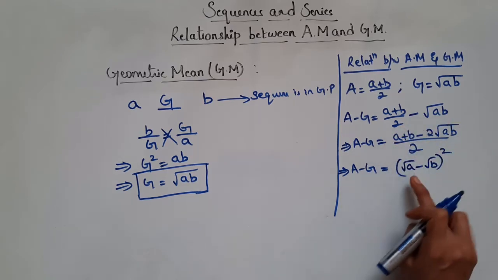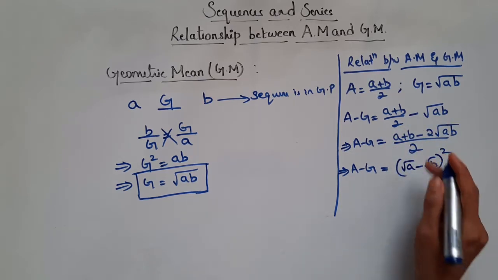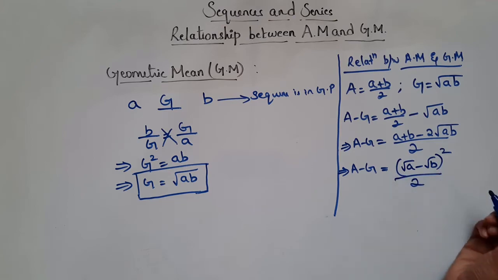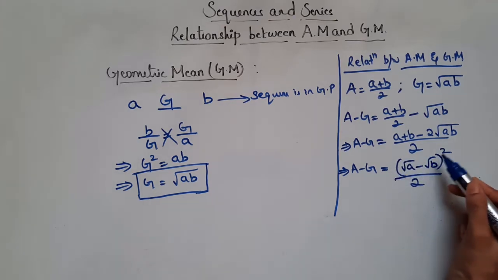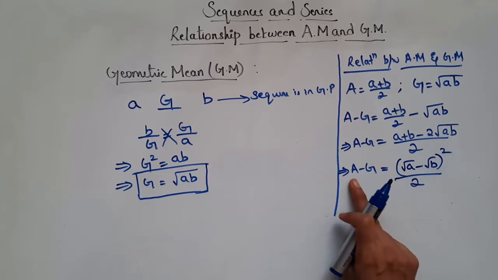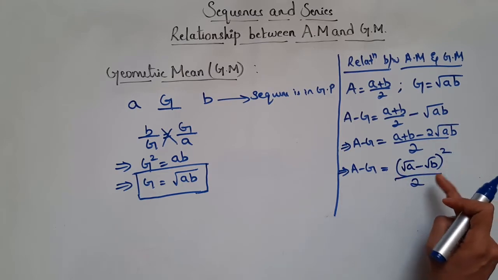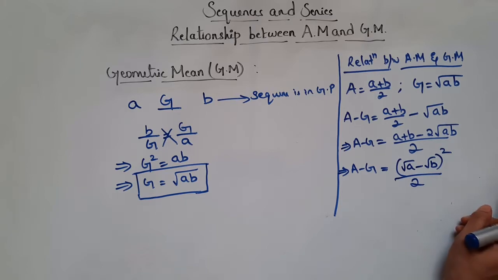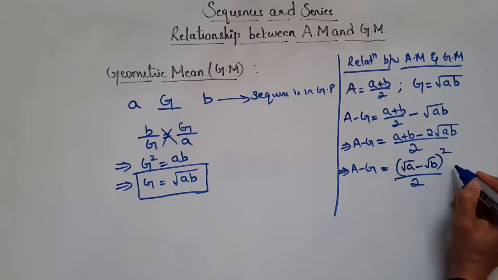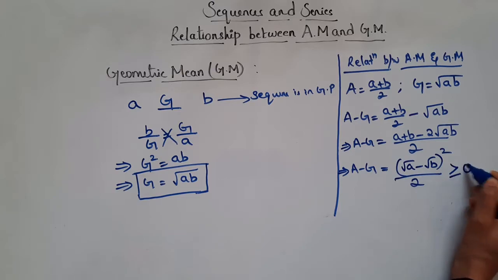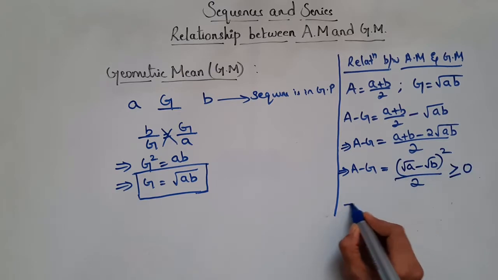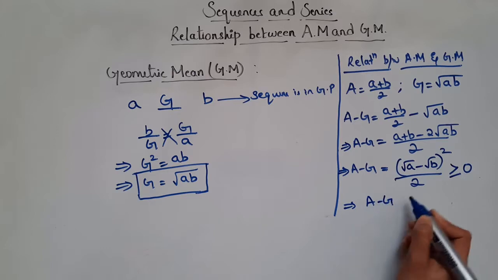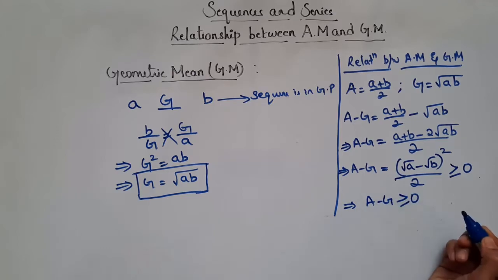So this numerator is of the form (root a minus root b) the whole square, and by 2 we have 2. Now if you see, here we have a square, which means A minus g is always greater than or equal to 0. It cannot be negative, right? So from here we can say A minus g is always greater than or equal to 0.